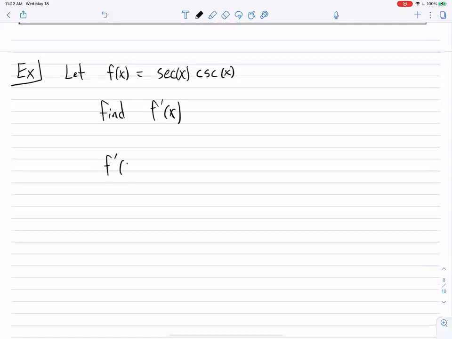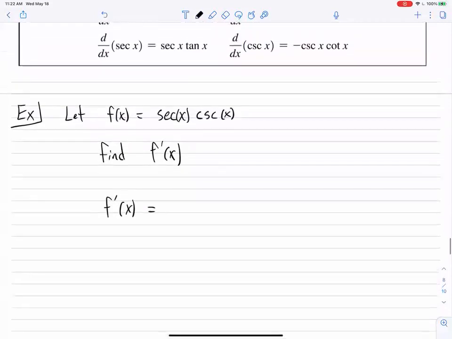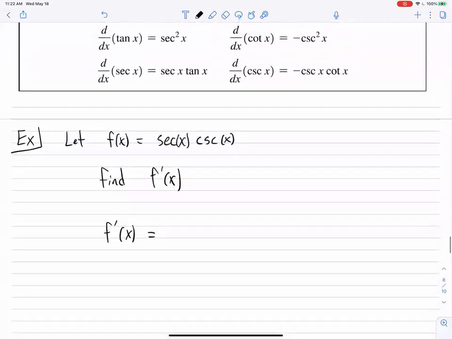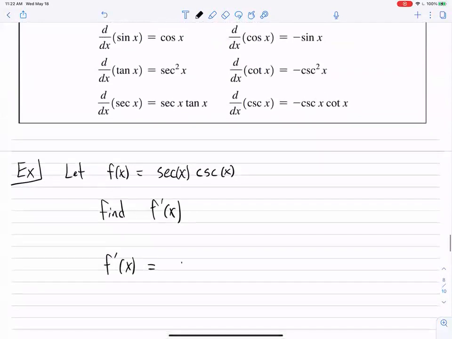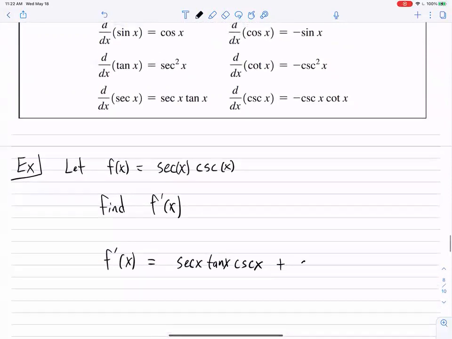So f prime of x by the quotient rule is the derivative of secant x, which is secant x tangent x times the regular of the second guy, which is cosecant x, and then plus the derivative of the regular of the other guy, secant x, times the derivative of cosecant x, which is negative cosecant x cotangent x.